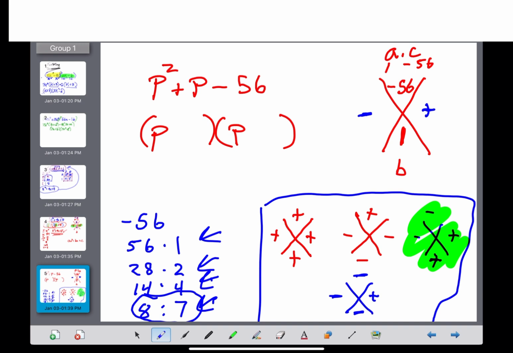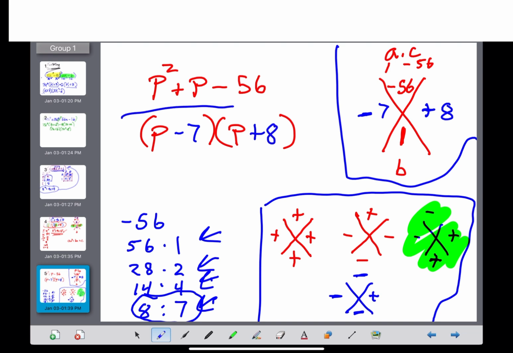Now we have to figure out which one's positive and which one's negative. The 7 is going to be negative and the 8 is going to be positive. Negative 7 times 8 is negative 56. Negative 7 plus 8 is 1. So this satisfies my condition. So that makes this p minus 7 and p plus 8. And that's your solution.